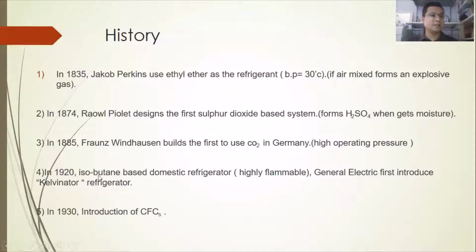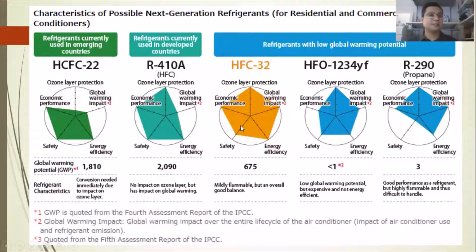In 1920, isobutane was used in domestic refrigerators. And the last, in 1930, CFC was introduced. Okay, this is the history of the types of refrigerants.